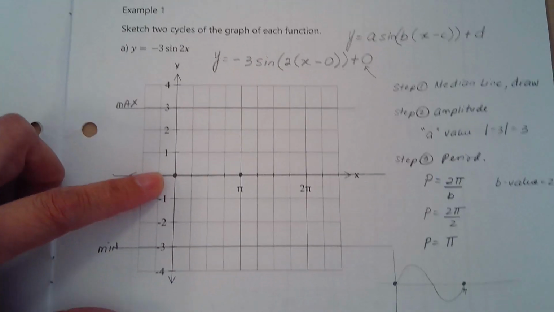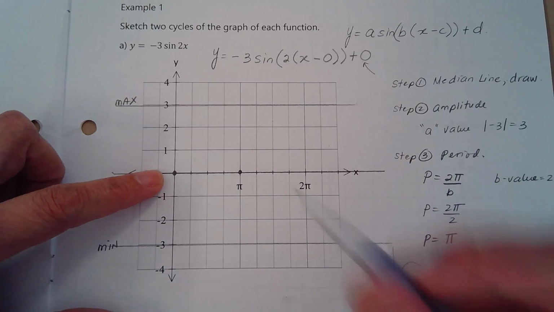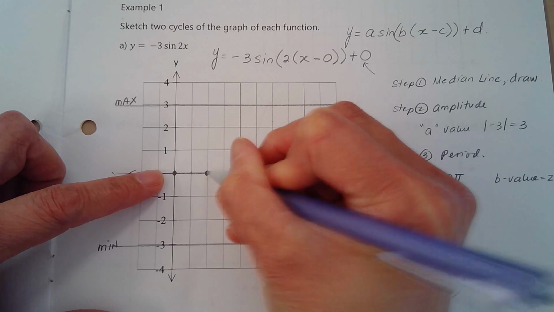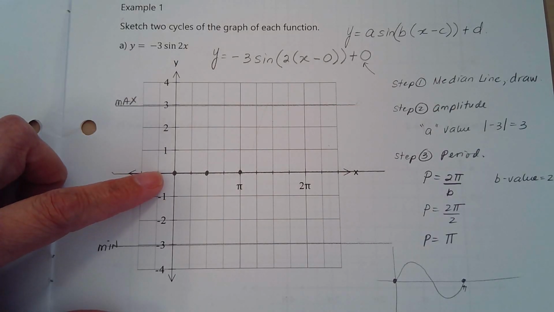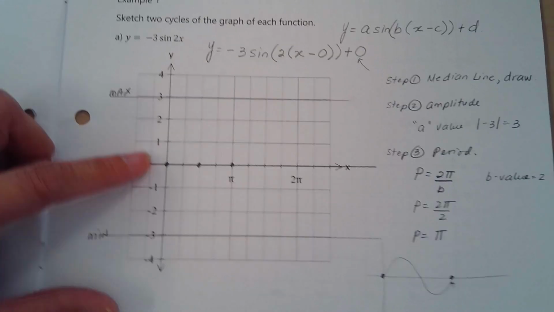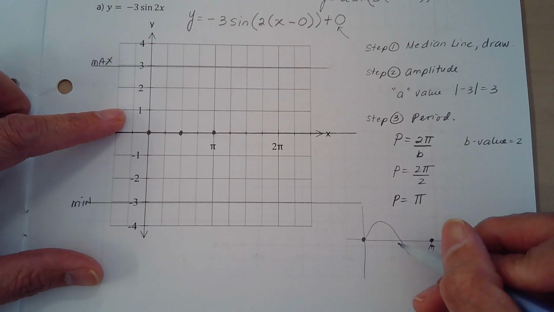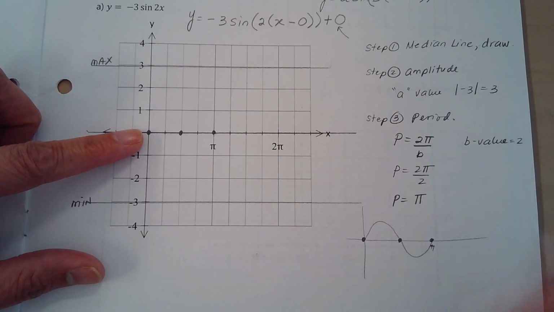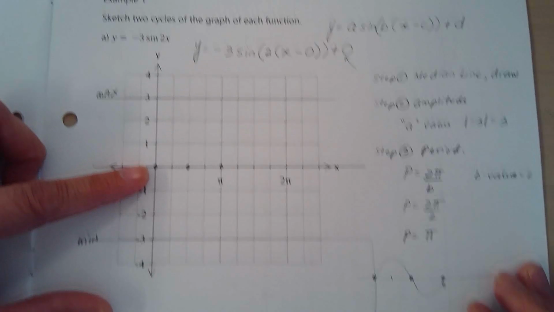Okay, what's next? From here, we're going to go to the middle again. If you go to that little thing, that's right there. Then cut that half in half again.